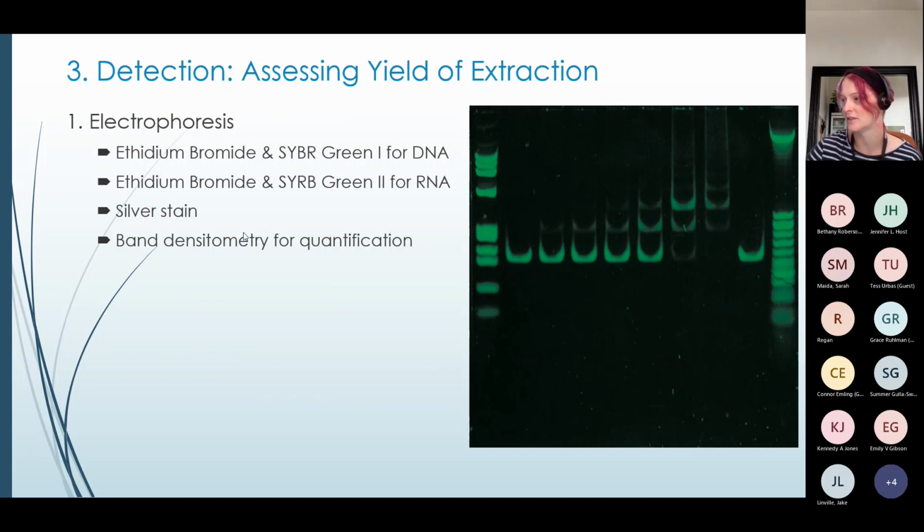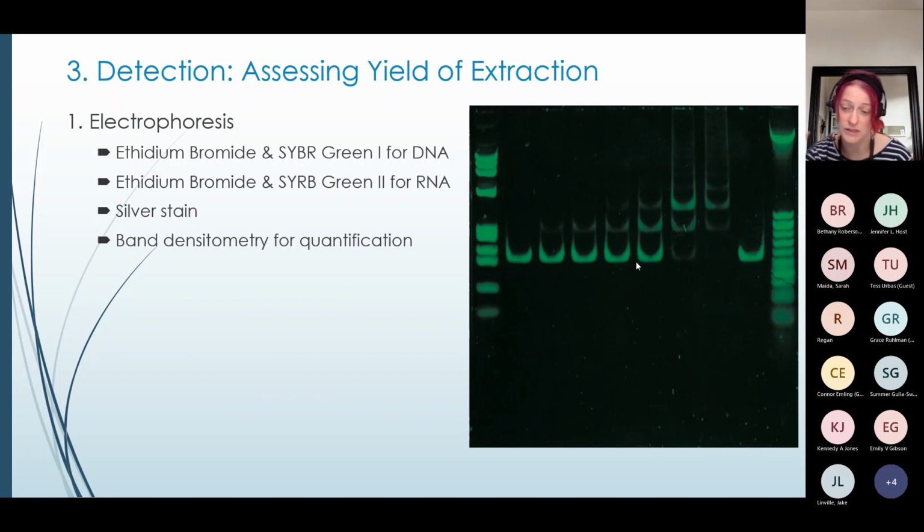Detection, assessing yield of extraction. So ethidium bromide and SYBR Green are for DNA. Ethidium bromide, people try not to use anymore because it's a carcinogen. So SYBR Green is a little safer. And then we can use it for RNA as well, but SYBR Green II is for RNA. There's silver stain. There's band densitometry for quantification, so you can actually determine the density of these bands.